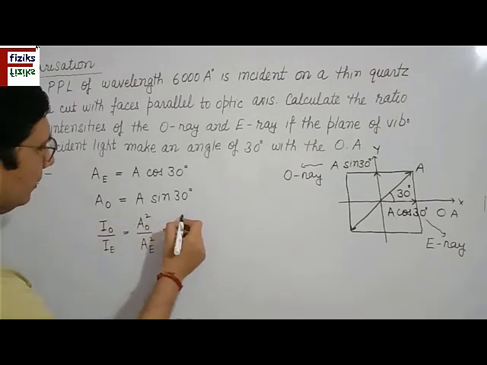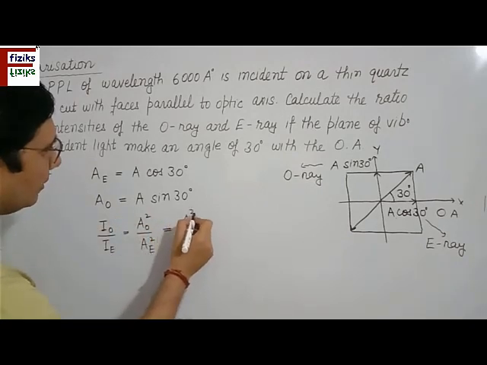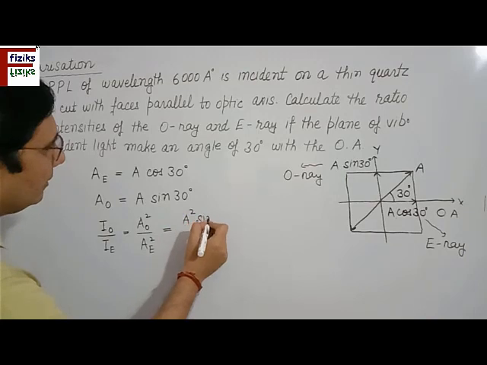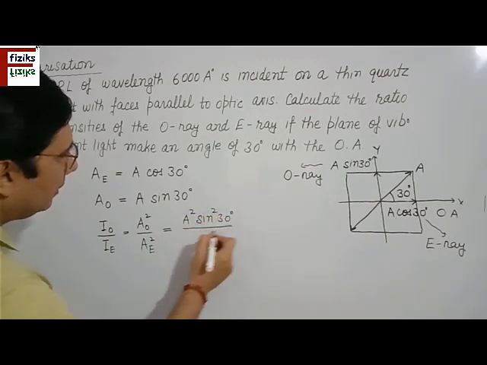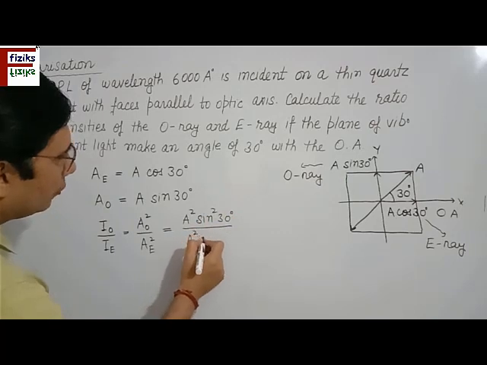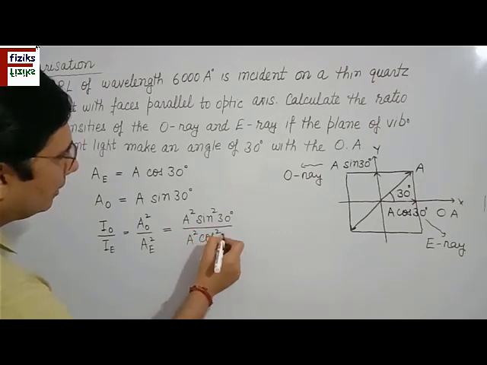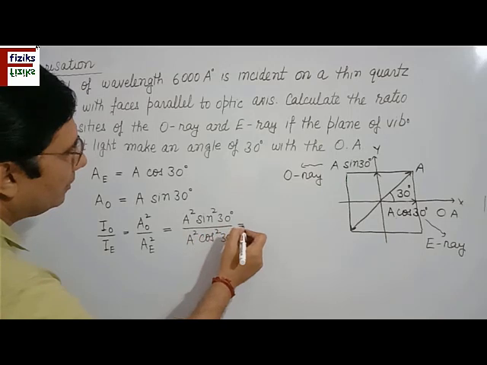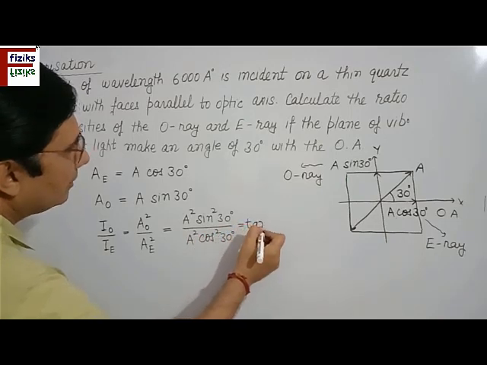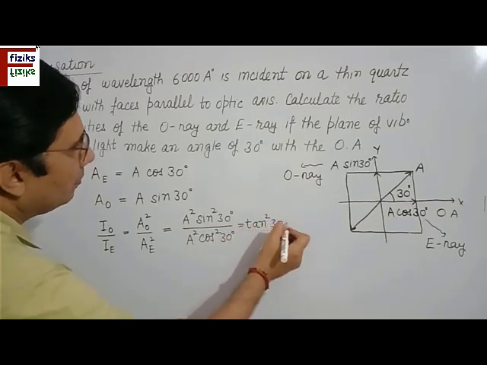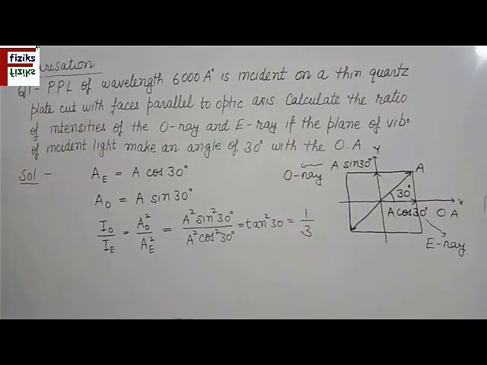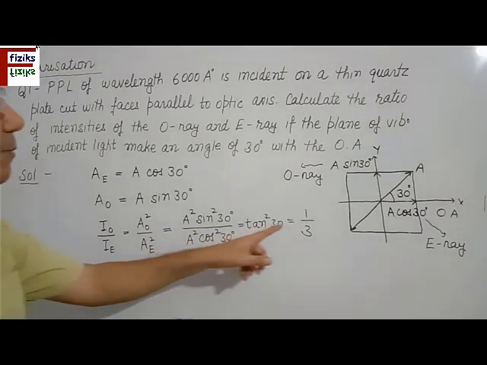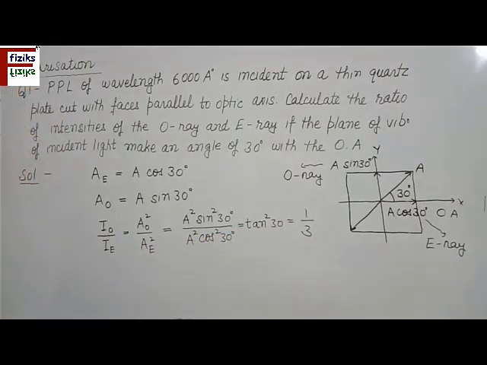So this will be A square sin square 30 degree divided by A square cos square 30 degree. This will be tan square 30 degree, and this will be equal to 1 by 3.